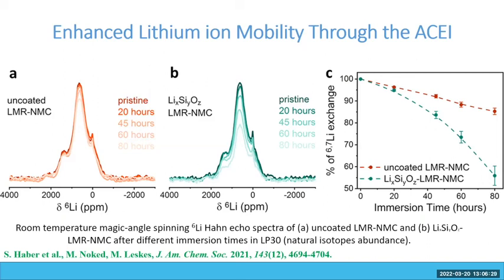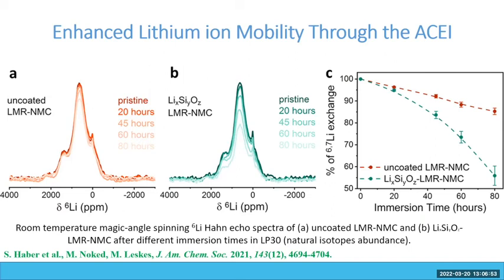And then Michal took it and dipped it in electrolyte solution. It's not an in operando battery, but you can follow the exchange of lithium-6 from the cathode, and there is a much improved rate of lithium exchange through the thin films of the protected one compared to the uncoated one. So it's supporting very well the kinetics we measure with electrochemistry.